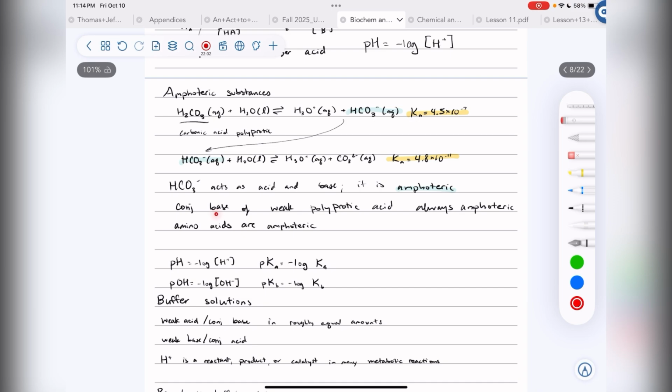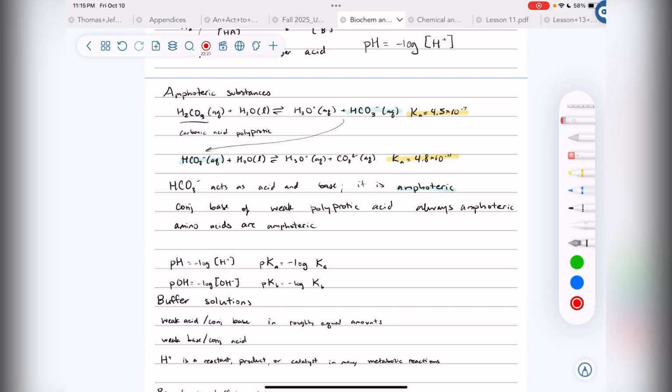The conjugate base of weak polyprotic acids are always amphoteric. And it specifically has to be a weak polyprotic acid. Polyprotic just means more than one hydrogen. It specifically has to be a weak polyprotic acid because if you have a strong polyprotic acid, then remember it just ionizes completely.